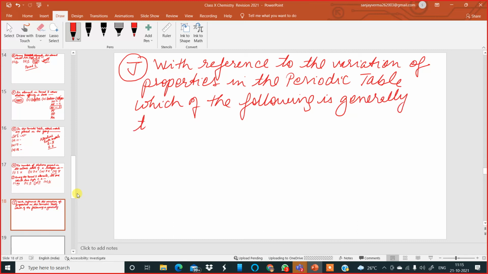So you have to select the correct statement with reference to the periodic properties of the periodic table.